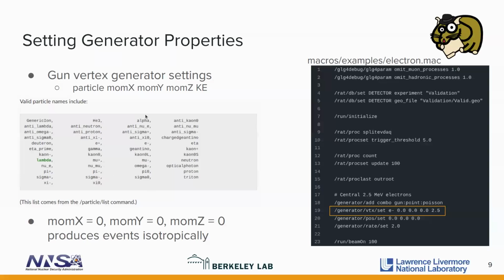Here's a list of the different particles that you can generate, from the documentation. So you see there's plenty of particles, electrons, positrons, muons, ions, plenty of exotic things as well. And then you specify the momentum in X, Y, and Z, and the kinetic energy at the end. And in this case, if you specify 0, 0, 0 for your momentum, the generator will automatically make them isotropic, in random directions, which is what it's done here.